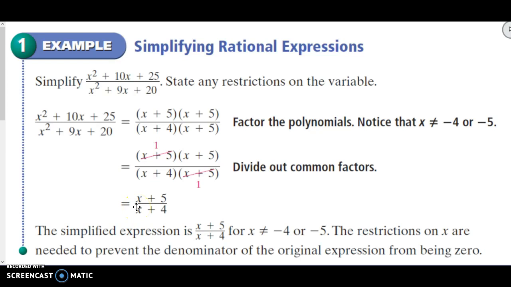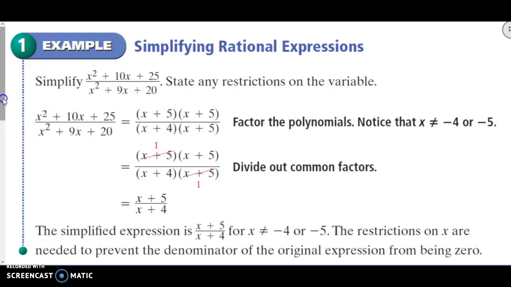But when we look at restrictions, we have to look at what we started with in the original problem and what we had in the simplest form, because anything that is going to cause your denominator to be equal to 0 at any point is going to be a restriction.